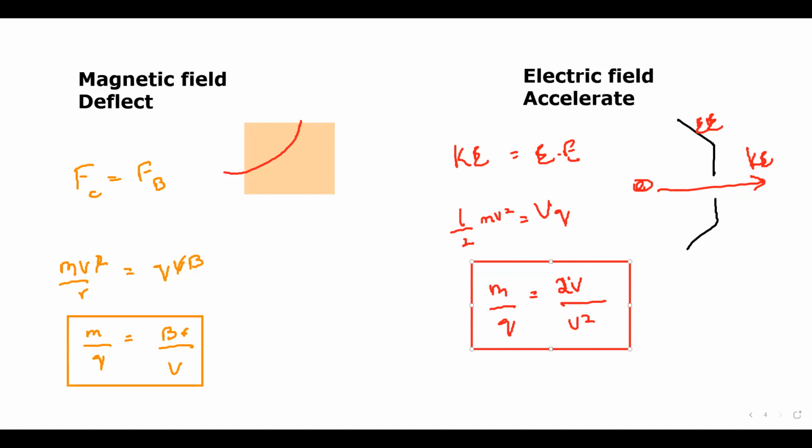And we can also modify this formula. According to this formula, the mass to charge ratio is BR over v, where this v is a speed. Here, this v squared is also a speed. So what we can do is work out the value of the speed.